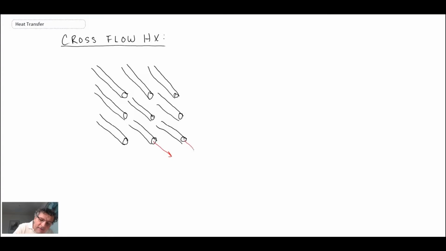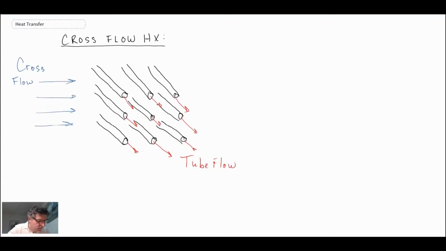Out of each of these tubes, we would have flow coming out. And then going perpendicular to that, or near perpendicular, we would have a cross flow. And for this particular type of construction, you can have fins or no fins on your tube bundle.